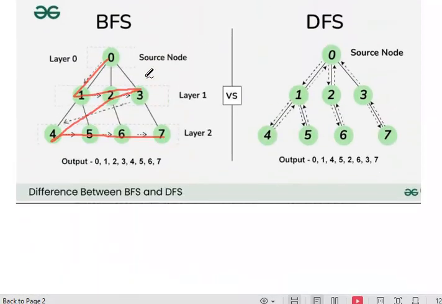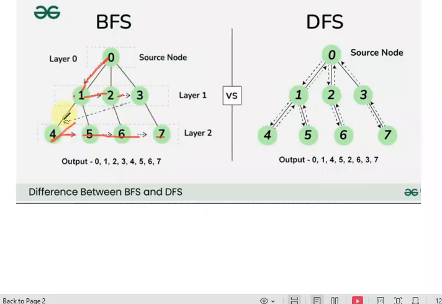I'll show you again. So like this: 0, then visit 1, then remove 1 after visiting it, then go to 2.